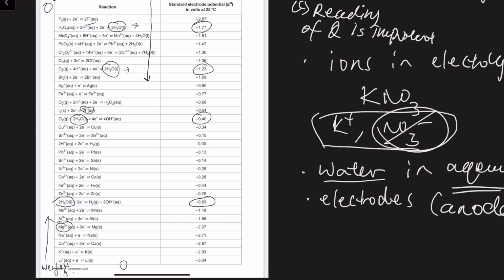It's because if you can actually find something on the top left and bottom right and then connect them in a line, you get a negatively sloped line. So in this case, we are actually undergoing a spontaneous redox reaction. And if that's the case, then the question is wrong.